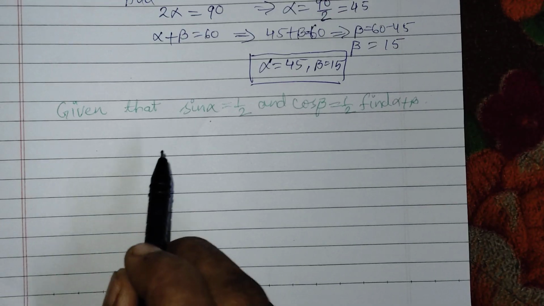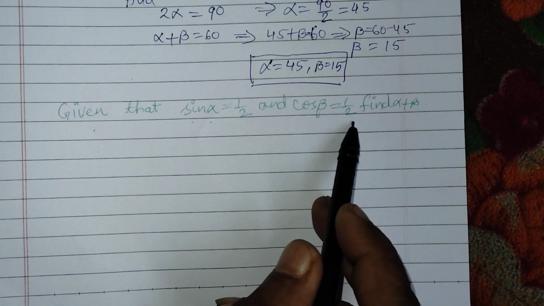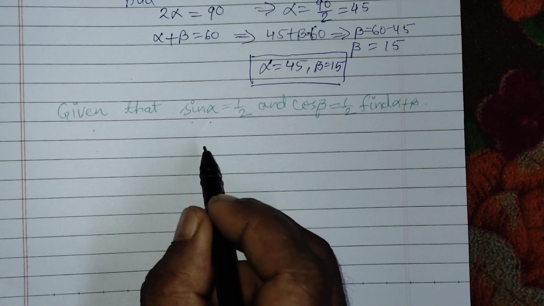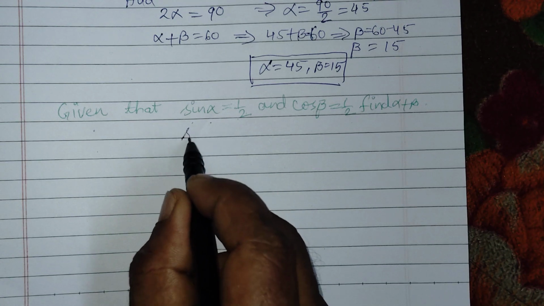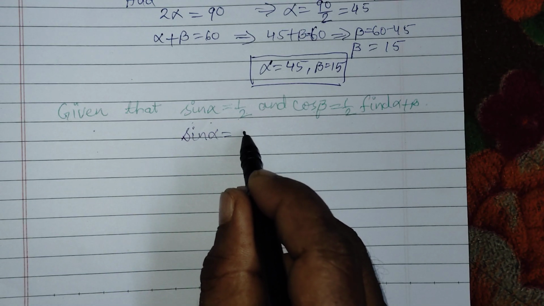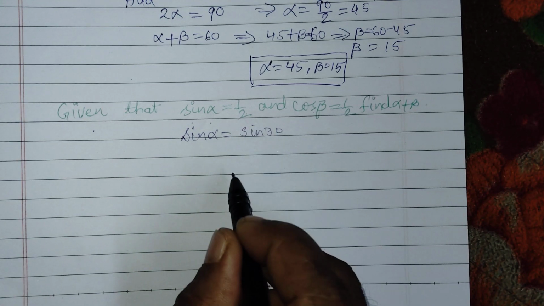So here is another question. Given that sin alpha equal to 1 by 2 and cos beta equal to 1 by 2, find alpha plus beta. In this question, 1 by 2 is given. In the sin table, we already know sin 30 is 1 by 2.